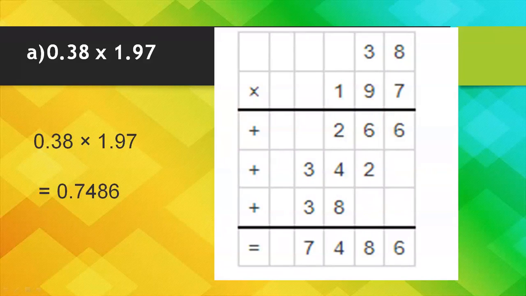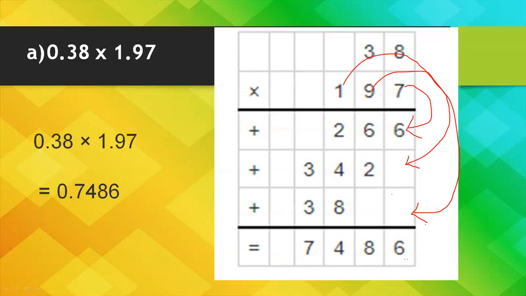This is the step for 7. This is the step for 9. This is the step for 1. Okay, so this is the regular multiplication in the normal way.